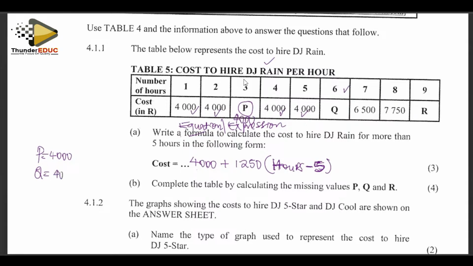That means the person paid 4,000 for the first hours plus 1,250, and the answer became 5,250. Then what about the value of R? They have exceeded by 4 hours. So this will be 4,000 plus 4 times 1,250, and the answer became plus 5,000. So your value of R is 9,000.